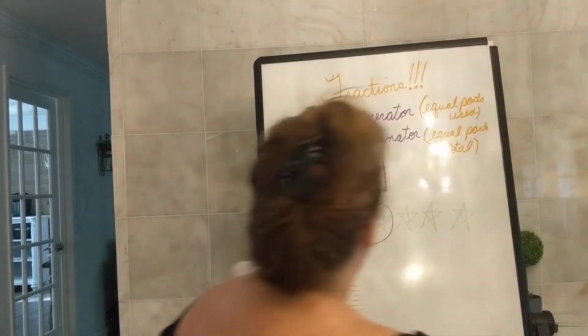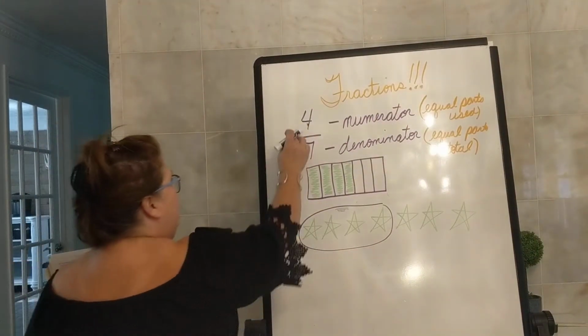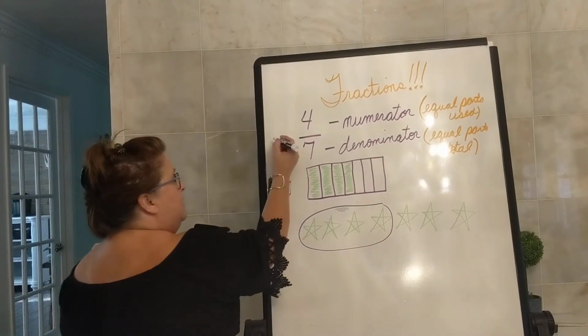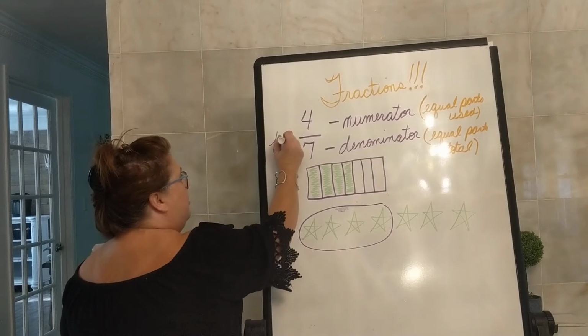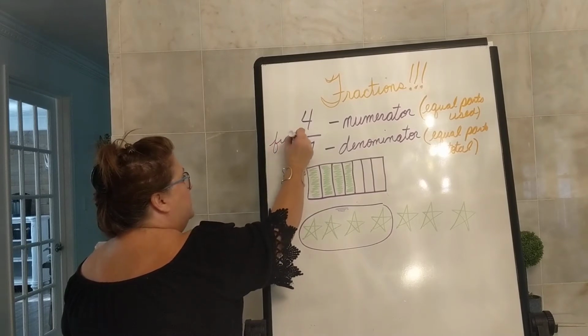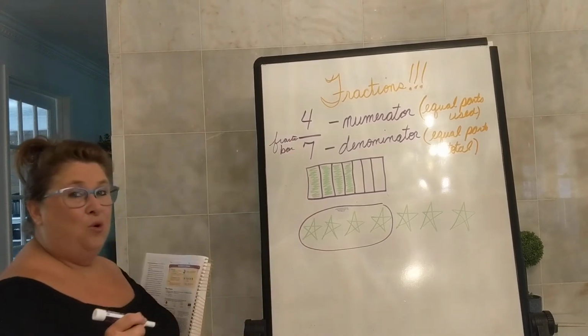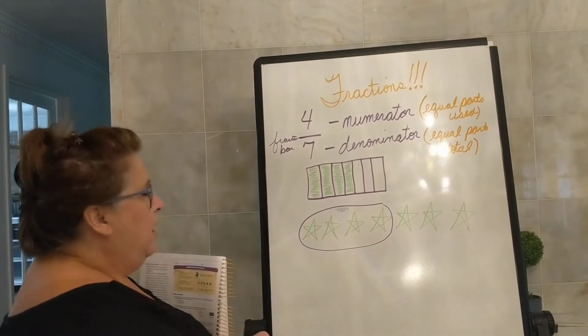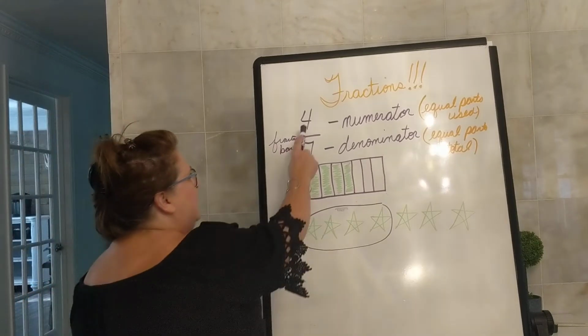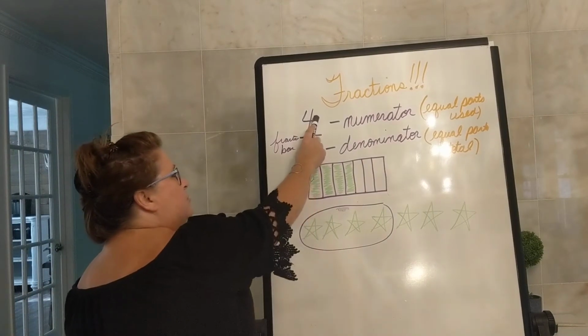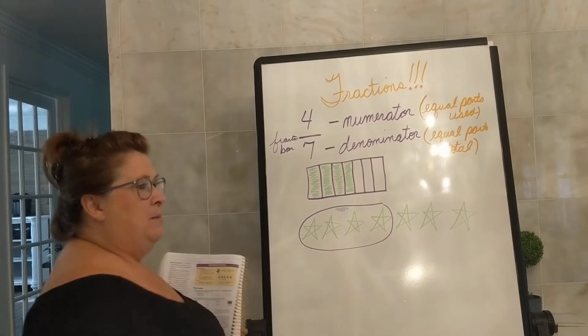And then the bar separating our numerator and denominator is a fraction bar. That is a fraction bar. So you have your numerator, fraction bar, denominator.